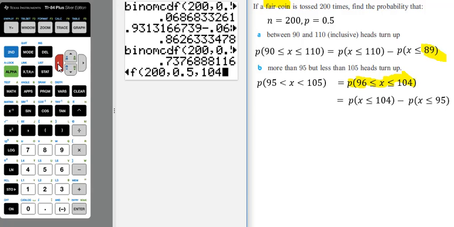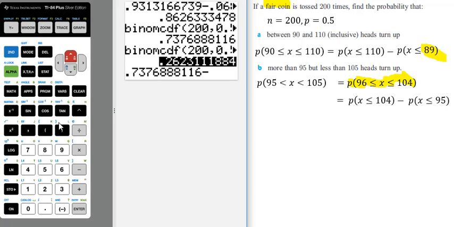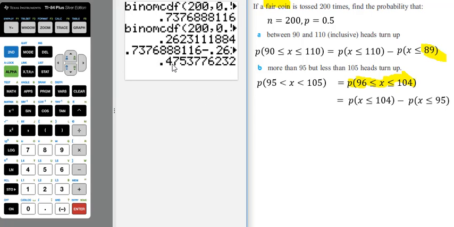Yeah, change this to 95. Your answer will be 0.476.